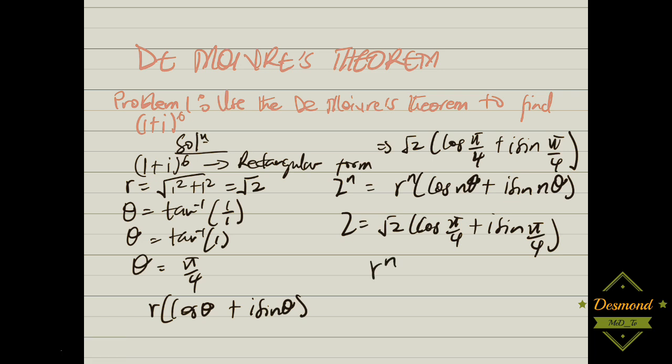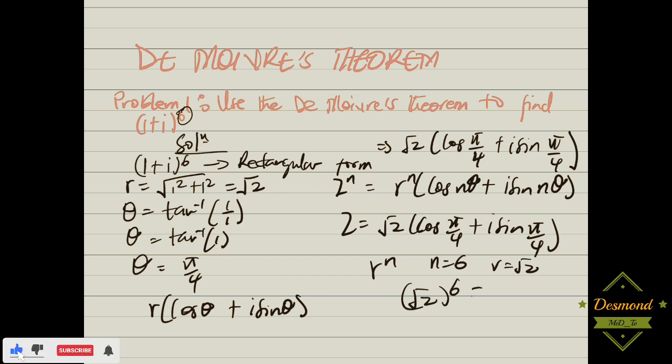So we have to calculate r^n. We know our n here is equal to 6. That's the power here. So n is equal to 6, and our r here is root 2. So we get (root 2)^6, and when we do that, we should get 8. Now we need to calculate n theta in front of the cos.